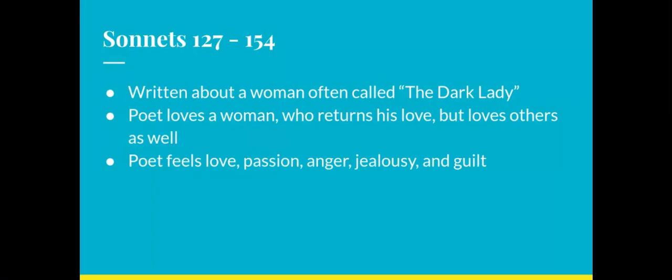She does love him back, but she loves other people as well. And so that obviously creates this love and passion, but also anger and jealousy and guilt because he doesn't want to have to share her with others. It should be noted, if these are autobiographical, that this would have been a mistress because Shakespeare was indeed married.